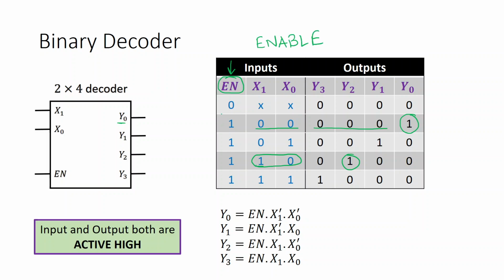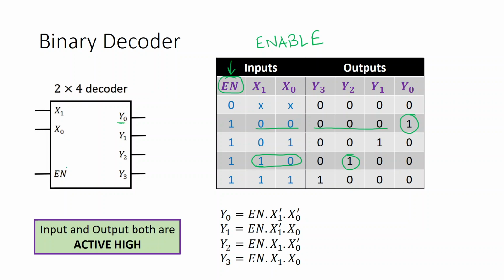Because we are using these decoder blocks in a larger circuit many times, sometimes we require this particular block to not even be enabled, so not even be activated.